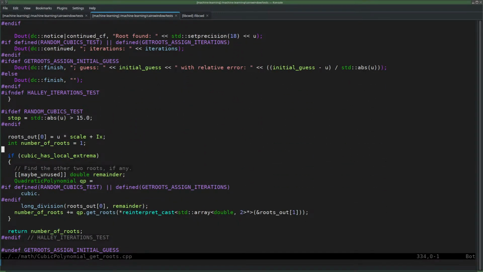Here, if the cubic has a local extreme, then we find the other roots. That then doesn't work. It could be that here now we find a root that is much smaller than the root that we already found. So it could put the detection here and then apply another algorithm again to find one of the other remaining roots. I'm just wondering if it wouldn't be smarter to detect this earlier.